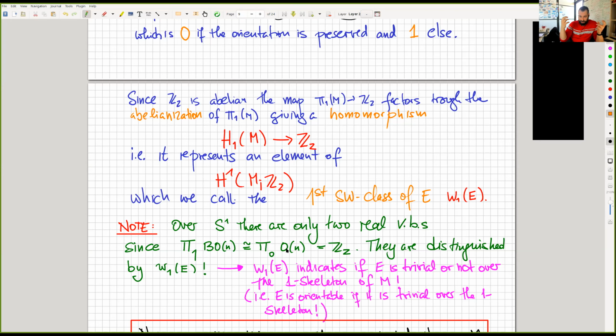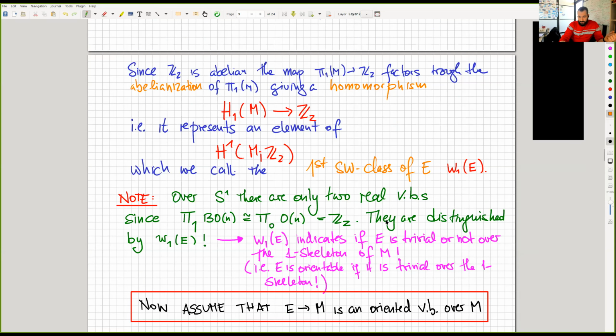It has 2 components, which are characterized by determinant 1 and determinant -1. And of course, the determinant 1 component corresponds to the vector bundles over S1 which are oriented, and the other ones not. And they're just distinguished by the Stiefel-Whitney class, as I said now.